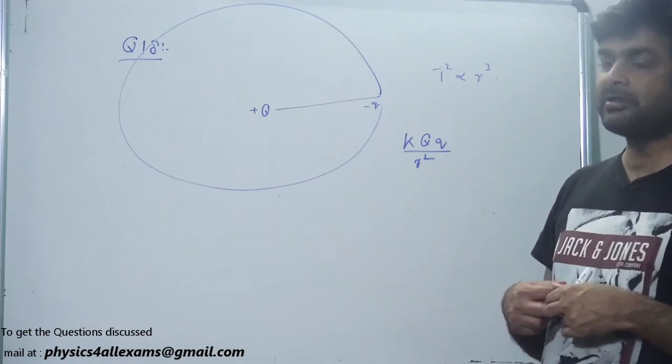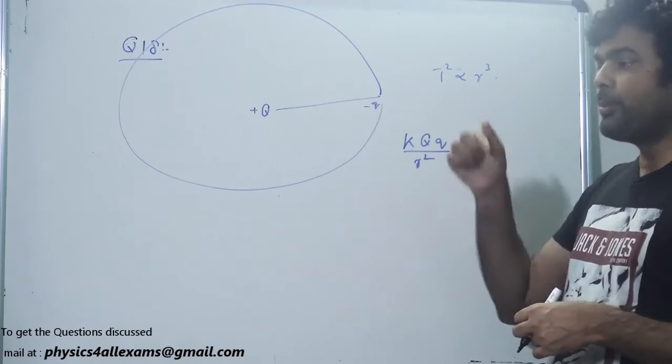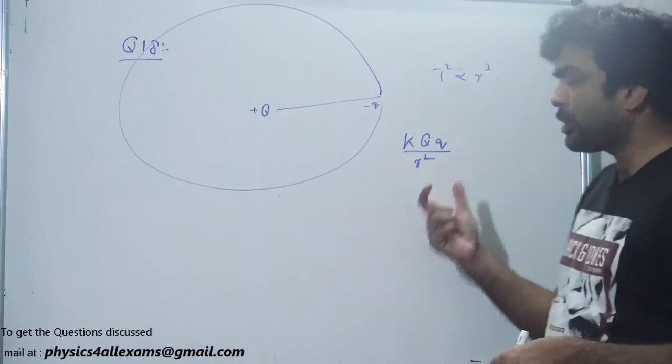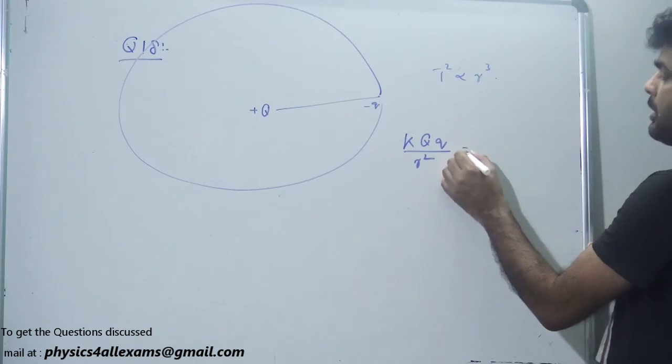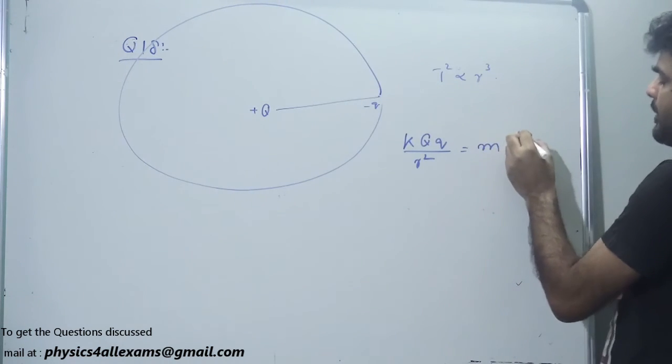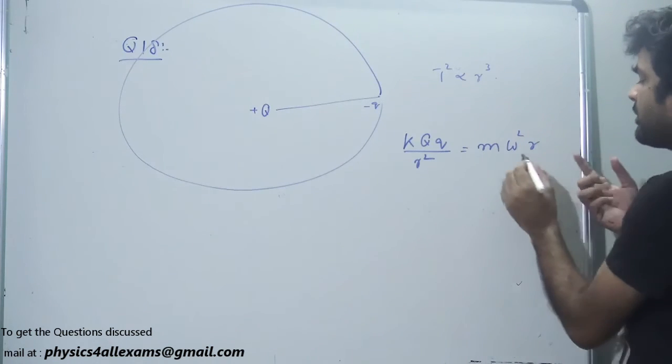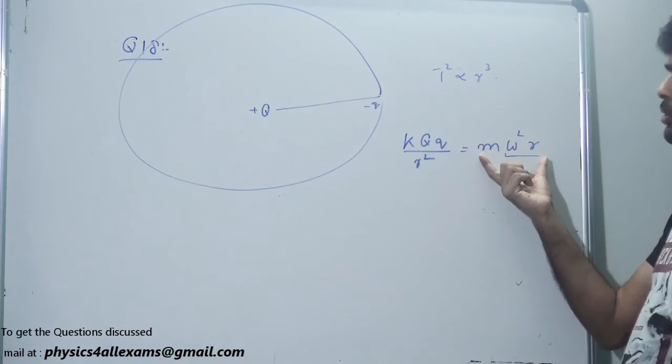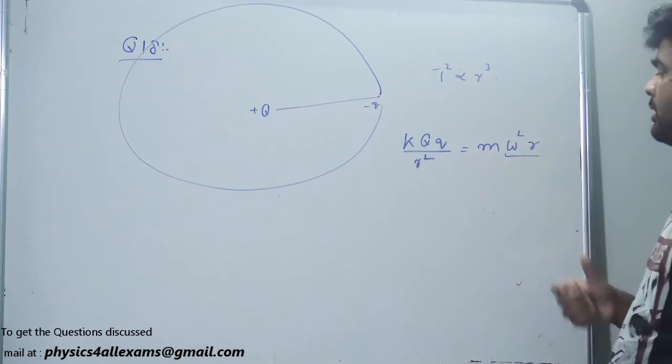The centripetal acceleration is ω^2 r. So net force acting on the particle should be equal to the mass of this particle, which is moving in a circle, into ω^2 r. This is the formula for centripetal acceleration, and the whole term is for centripetal force.